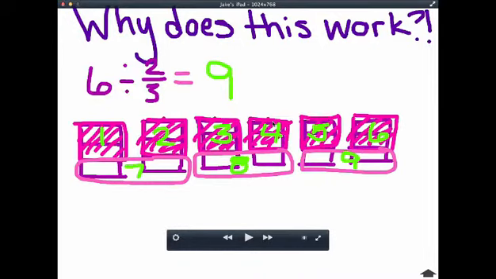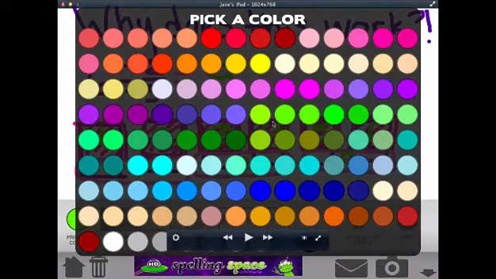Let's take a look at it algebraically. So I'm going to put the 6 over 1 just like I did with the 5 in the last problem. And since the rule says multiply by the reciprocal, I'm going to take the 3 and put it over the 2 and now multiply these across. Now, let's switch colors again here real quick.